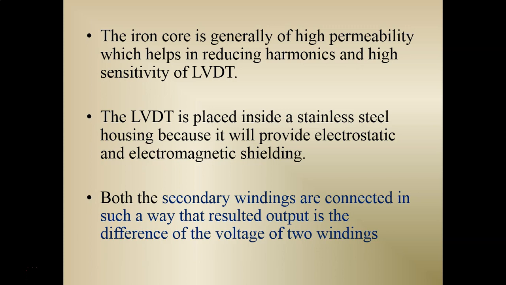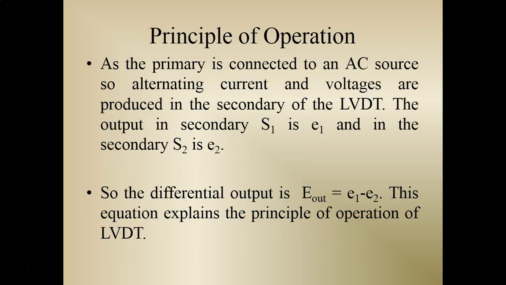The iron core will be of high permeability to reduce harmonics and give high sensitivity. The LVDT is placed inside a stainless steel housing because it provides electrostatic and electromagnetic shielding.